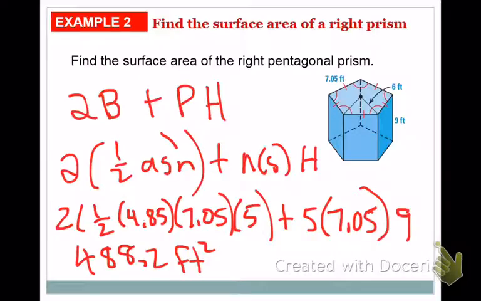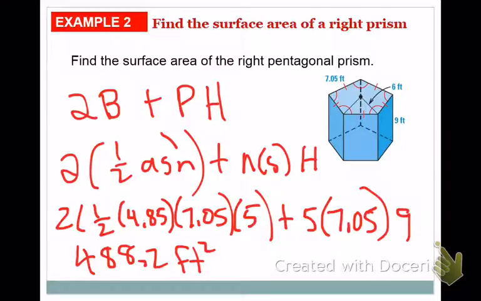So you see the perimeter times the height is the same thing as adding these 5 sides together, right? It's just a quicker way. Because if you took one of these sides, 7.05 times 9, you'd get that. But since there's 5 of them, you'd multiply by 5 anyway. So if you do the perimeter, the 5 sides times 7.05 times 9, you do it all in one step.